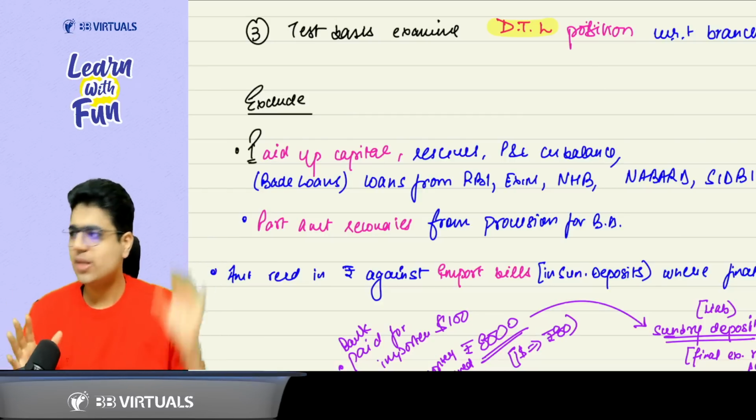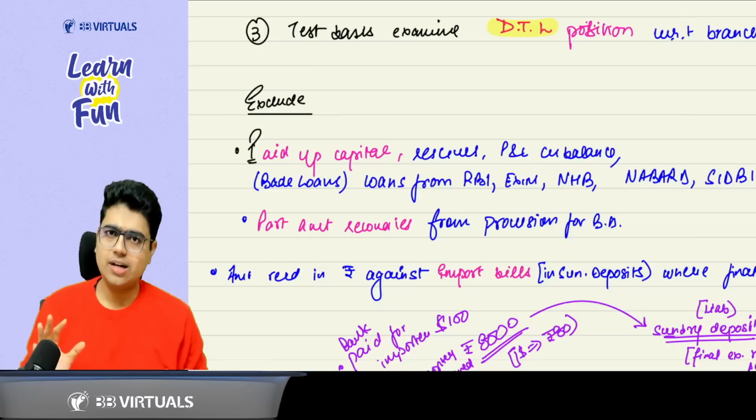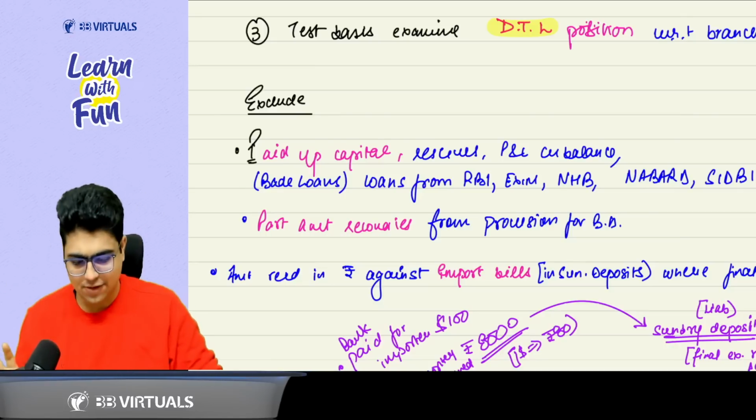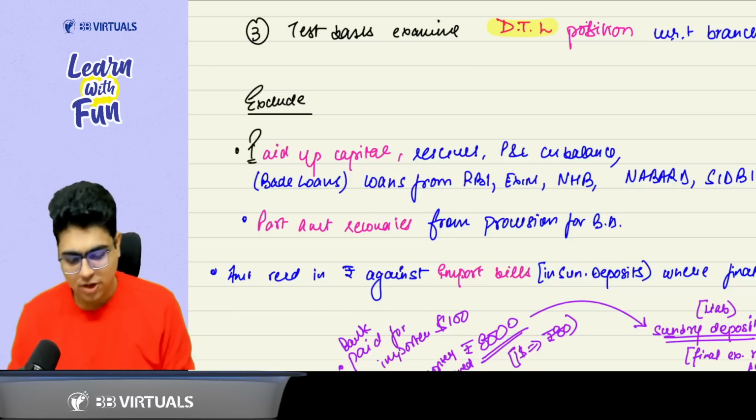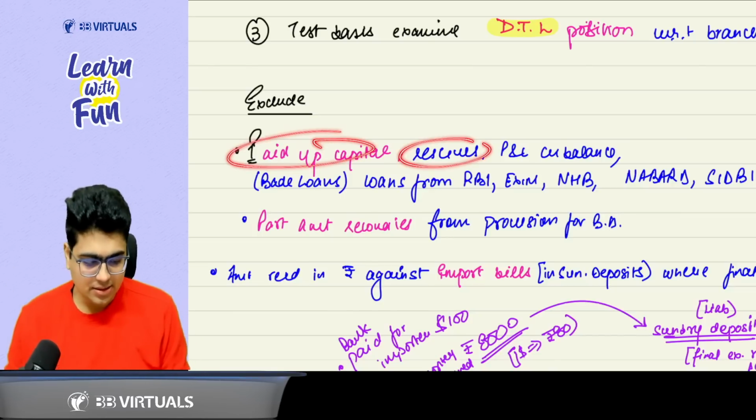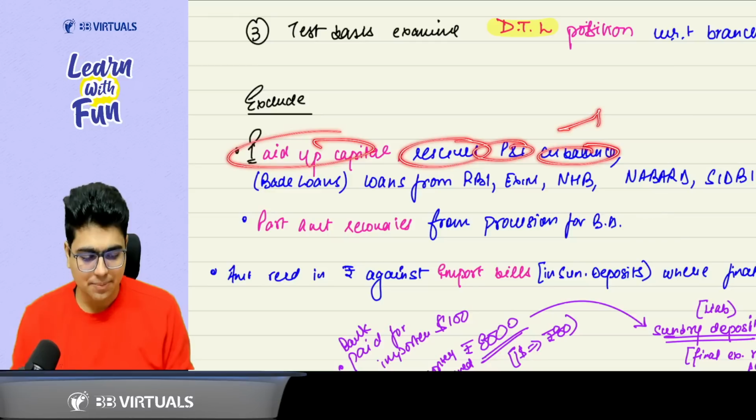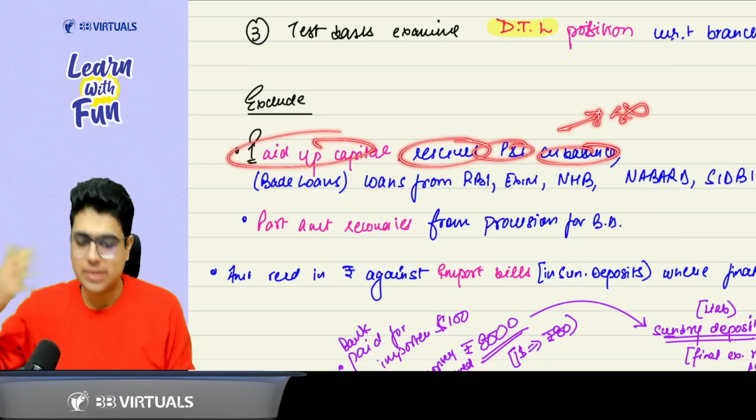Now how the things work, each example we will cover along with the proper logics. Everyone focus here. So first of all, they say these are the paid up capital, reserves, P&L, and credit balance. Are they liability in the nature? Answer is no. So they will be excluded.